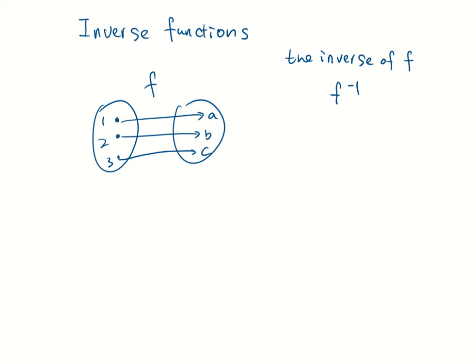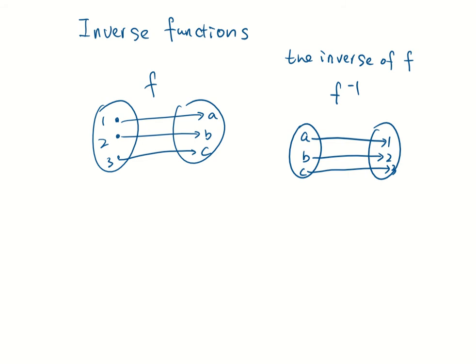The inverse of f is a function such that it maps a to 1, b to 2, and c to 3. So it is a function that switches the input and the output of function f. That is the inverse function of f.